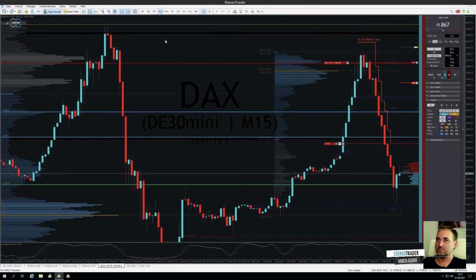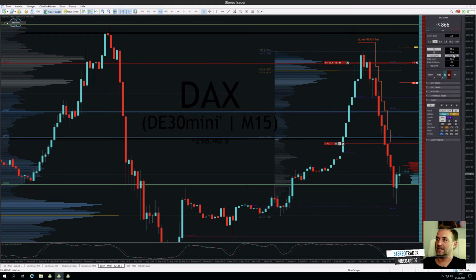This simply means the range of the last outside bar, as you see here, is what StereoTrader, or this logic, allows the market to move against the trade.